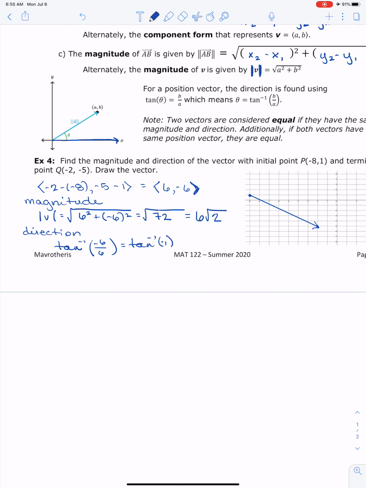Okay. And so think about inverse tangent. We've got to go back to when we talked about the inverse trig functions. Inverse tangent is only defined in quadrants 1 and 4. It's going to kick out that negative angle for us. So this is the inverse tangent of -1. I know that is -45 degrees.